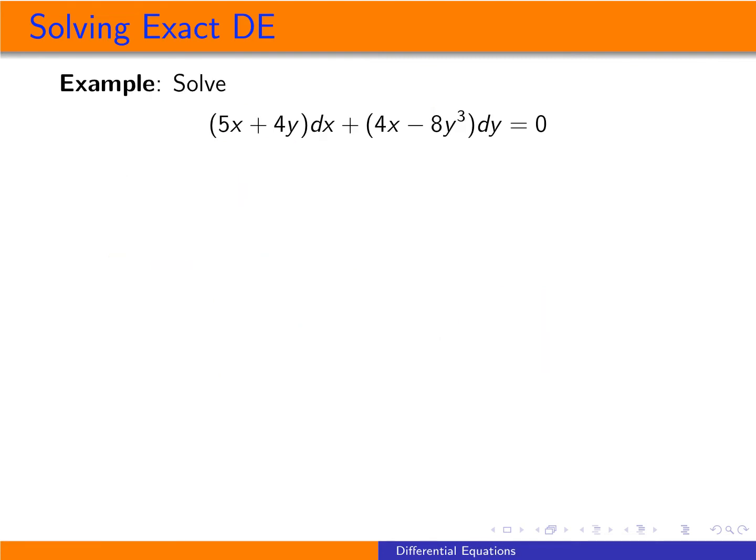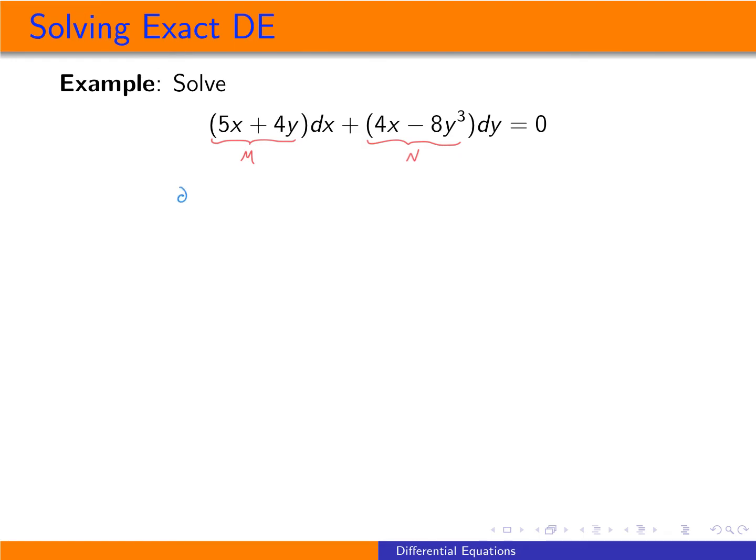To solve the equation given here, note it's in the form we would like to see to test for exactness. We have something dx plus something dy equals 0. The function paired up with the dx is what we previously called M, and the function paired up with the dy is what we had called N. But you do not actually need to give these things names. We just remember how we compute the partials.